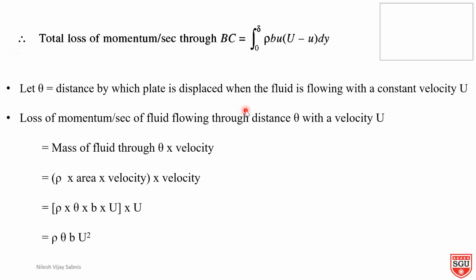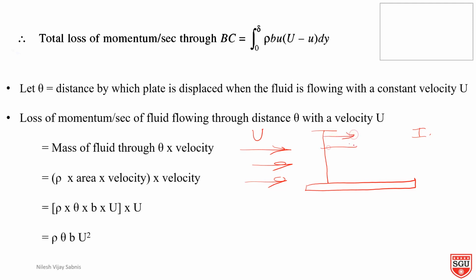When ideal fluid is there, plate is there, and fluid flowing will have velocity U. In this section, everywhere there will be constant velocity. No boundary layer will be formed. So we have to compensate the momentum. Here in this case, momentum will be more, so we have to make it the same momentum as we have seen in the previous case.